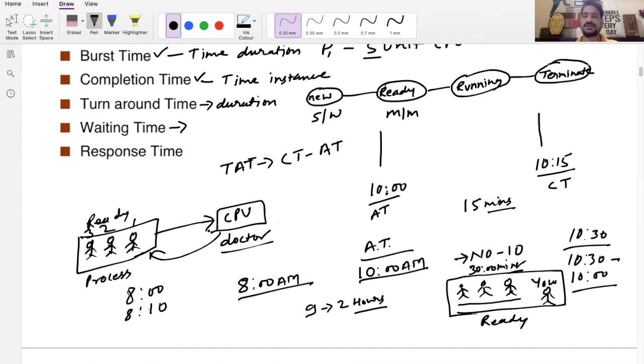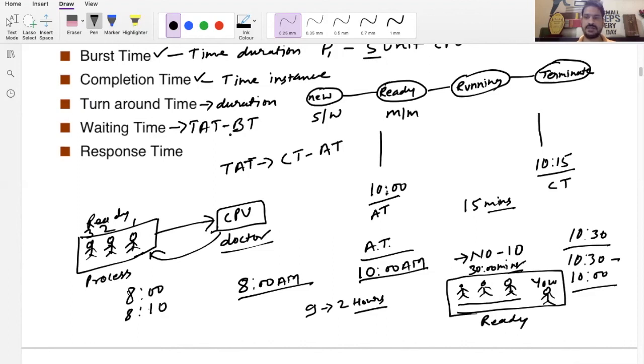So in that, we have to calculate the waiting time. I think you know what we mean by waiting time. Waiting time is the time when the process is waiting for the CPU to be allocated. For the waiting time we also have a formula: turnaround time minus burst time.